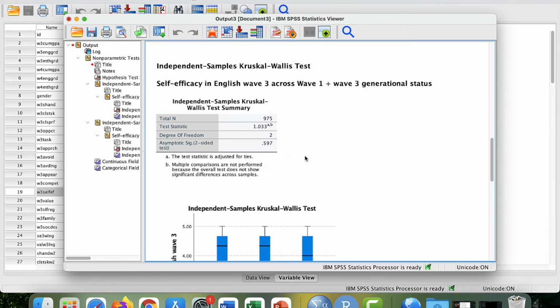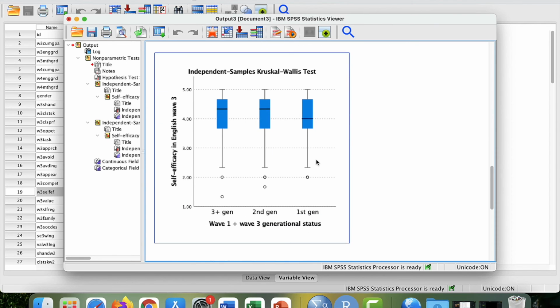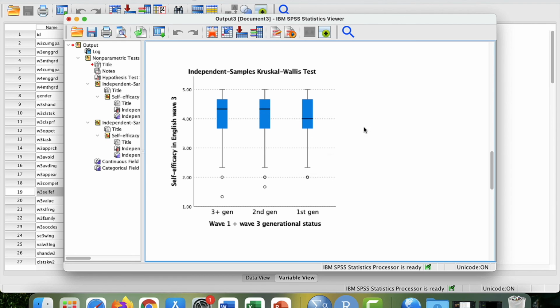Remember, we are ranking students within each group, and sometimes those rankings will be tied, so you have to adjust for that. This shows basically the medians for each group, and you can see a little bit lower for the first generation group than second and third, but not significantly so.